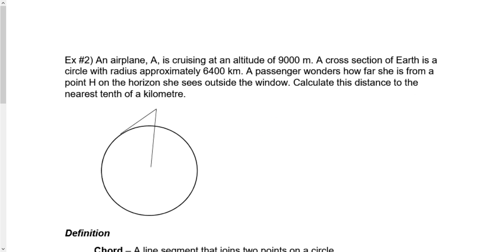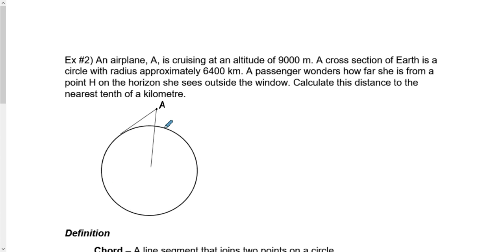Now let's get into a more complex one. An airplane A is cruising at an altitude of 9,000 meters. A cross-section of the Earth is a circle with radius. Now I do specifically know that the Earth isn't a circle. It is more of a sphere, which means it's a little more oval-like.